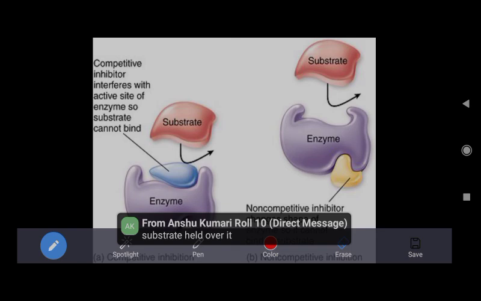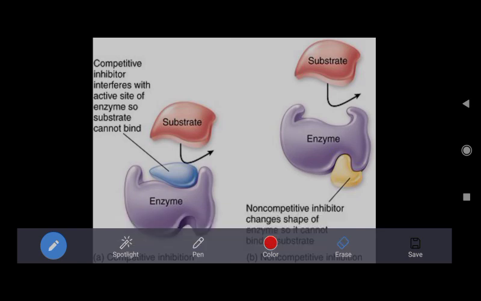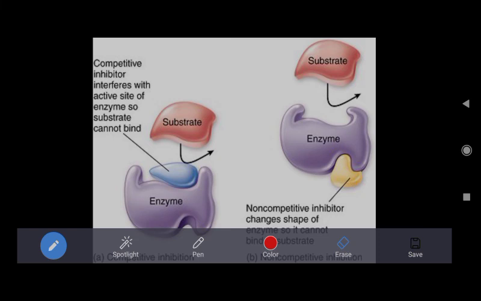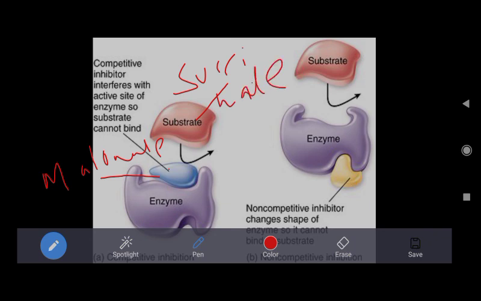Yes, one example of competitive inhibition is that malonate resembles succinate, and as a result it prevents the binding of the main substrate, succinate, to succinate dehydrogenase. So here this will be malonate, and this will be the main substrate succinate, and this enzyme is succinate dehydrogenase.